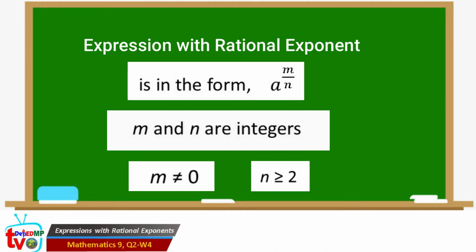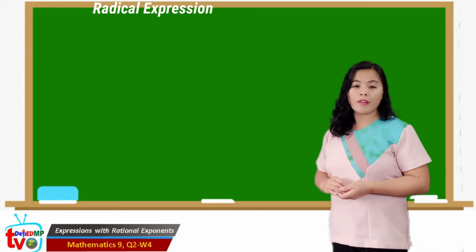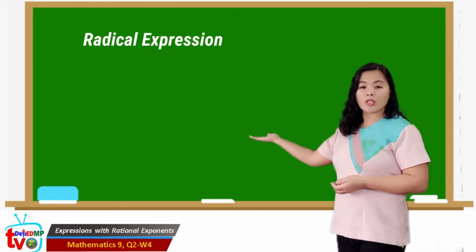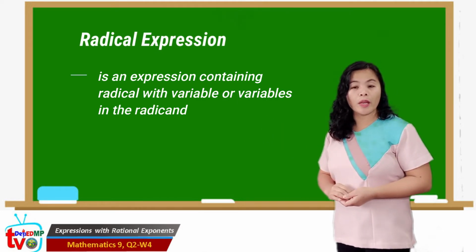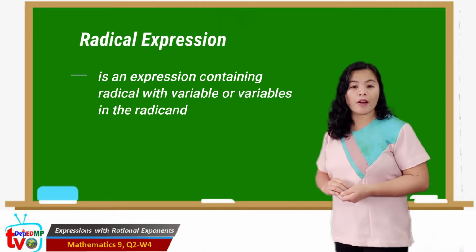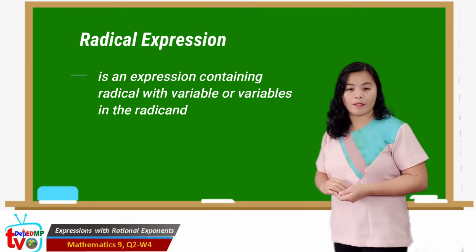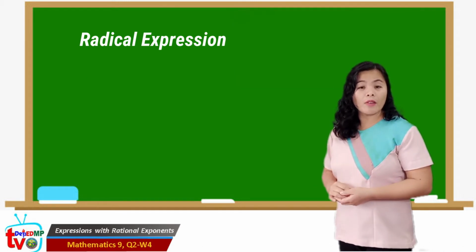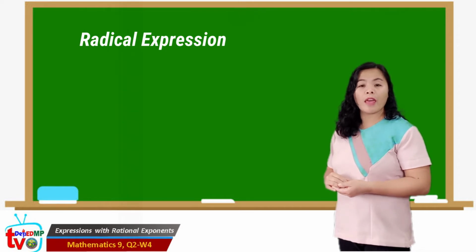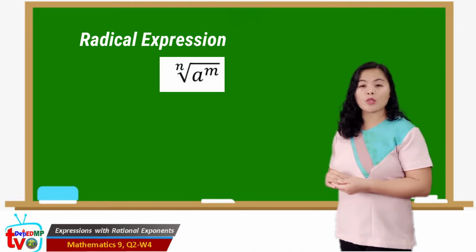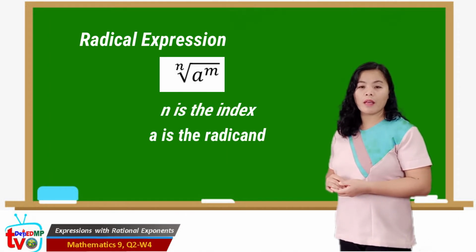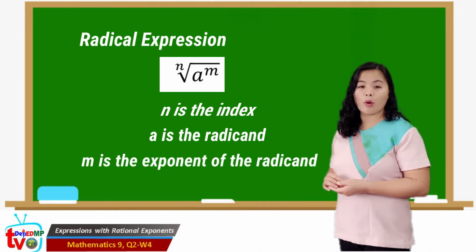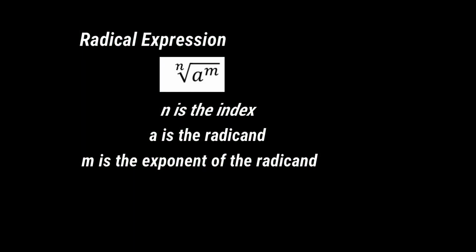On the other hand, radical expression is an expression containing radical with variable or variables in the radicand. In the radical expression, the nth root of a raised to m, n is the index, a is the radicand, and m is the exponent of the radicand.